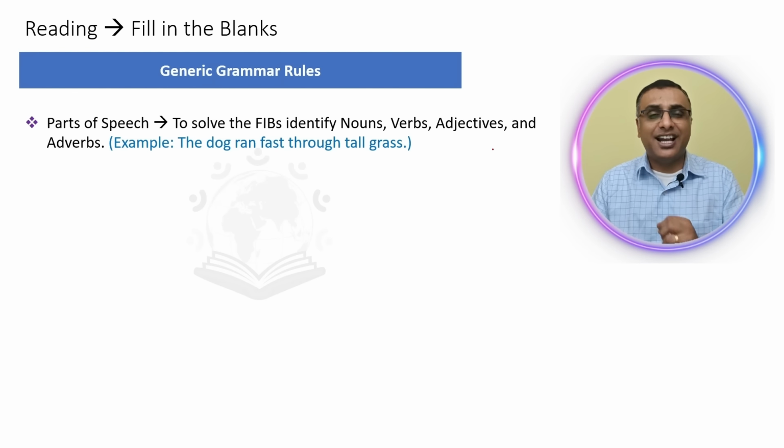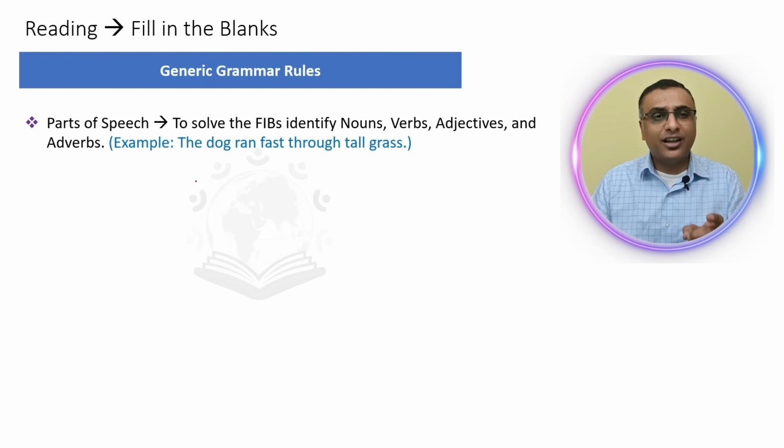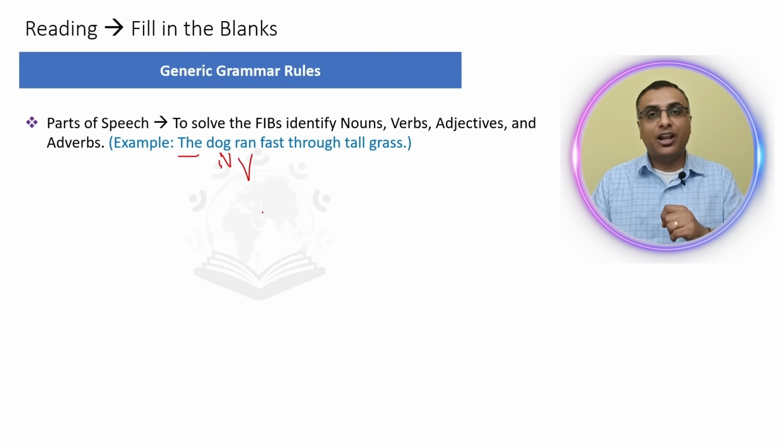Now let's understand this by an example. The dog ran fast through the tall grass. Here, what is the parts of speech for the? The is nothing but an article. Dog is the noun over here, the main doer of the sentence. Ran becomes the verb over here because it is the action that is being performed by the dog. Now, what is fast? The dog ran fast. It is acting on the verb.